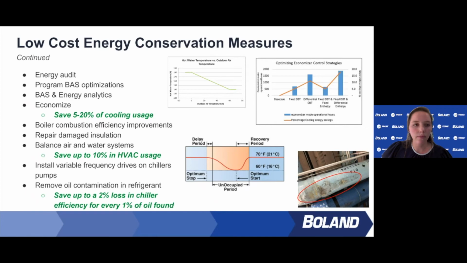One quick thing to add on to that, most of the building automation systems that we see are capable of doing these sequences. They're just not in there. Whether they were never set up to begin with or somehow it got overridden, most building automation systems are capable of doing this, and it's just a matter of programming them.